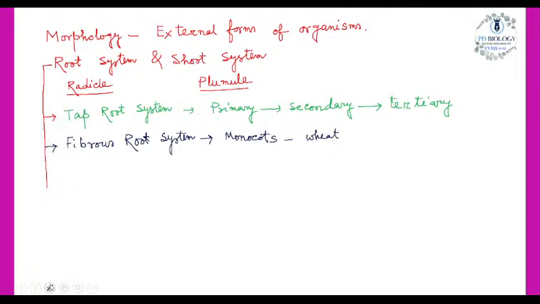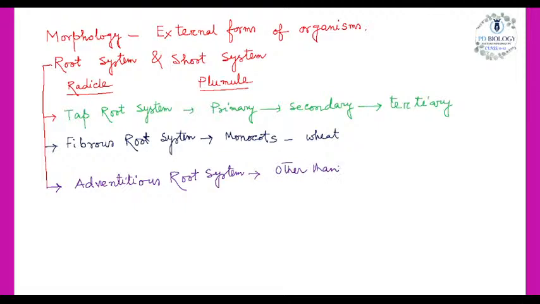Third one, adventitious root system. So roots that arise from the parts other than radicle.